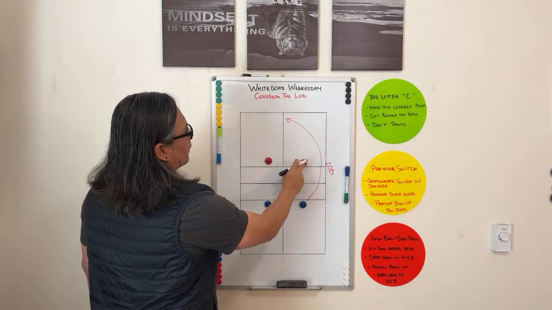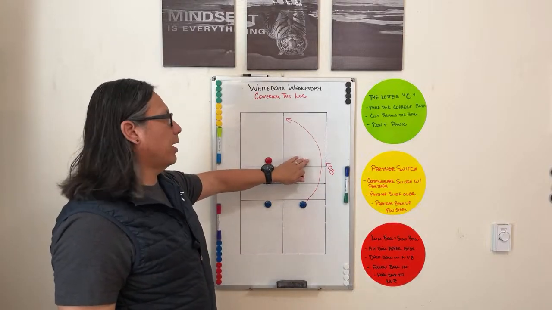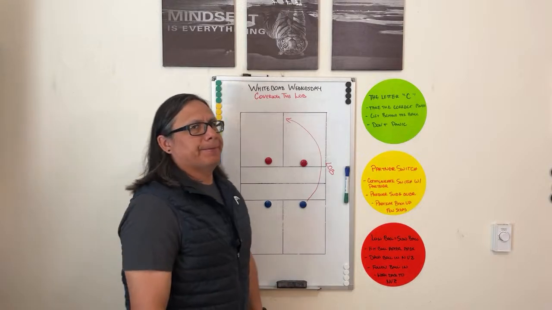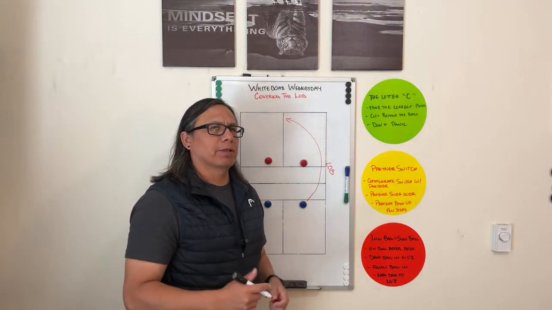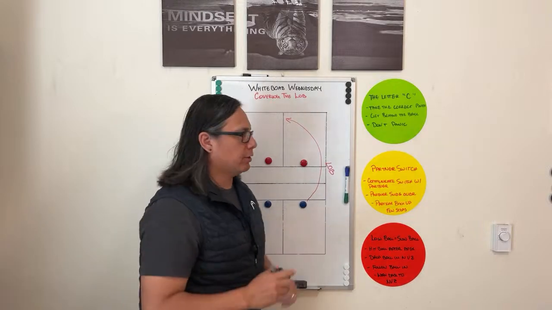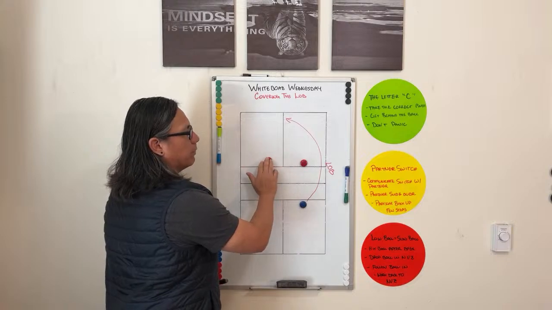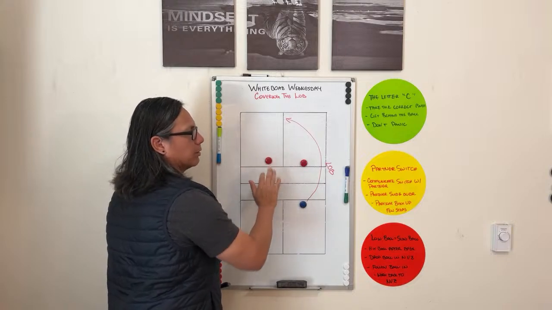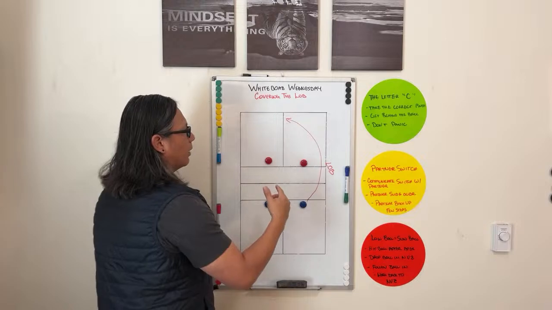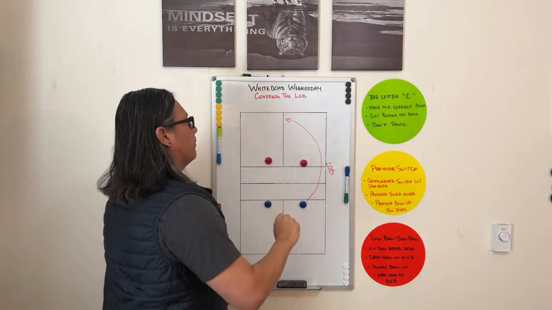And a lot of times, if this is the player that the lob is going over, that's usually not the player that I'm going to teach to go get the ball. Again, basic level stuff. What I do is I like to have the player that's not being lobbed go get the ball. And what we do is we like to use the letter C. And there's a reason for that.